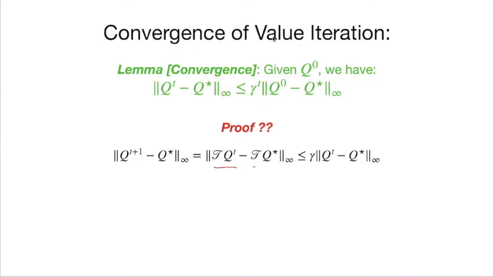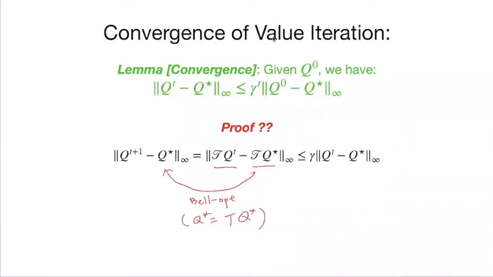And then I apply this fixed point property from Bellman optimality. Remember, Q star is a fixed point of this equation, so I'm just using the Bellman optimality condition here. We have already proved the contraction for every possible Q and Q prime pair, and of course this holds for this particular pair, Q t and Q star.